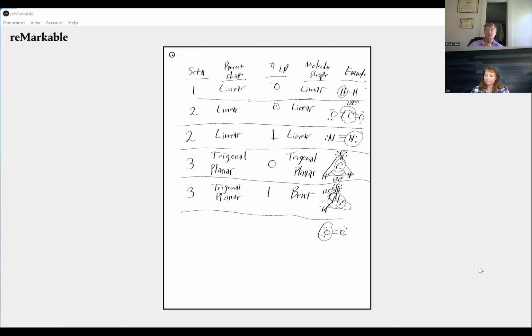Okay, oxygen. That oxygen has 2 lone pairs and 1 other atom bonded to it, so it is also set number, right, set number 3. 2 lone pairs, 1 atom, 3 things. Therefore, the parent shape is again trigonal planar.